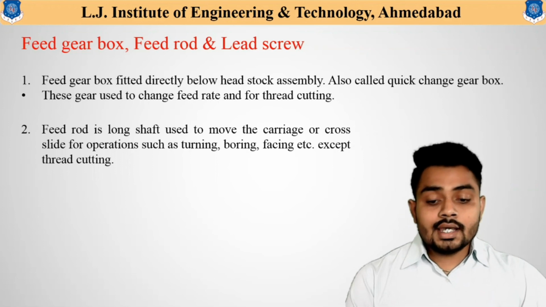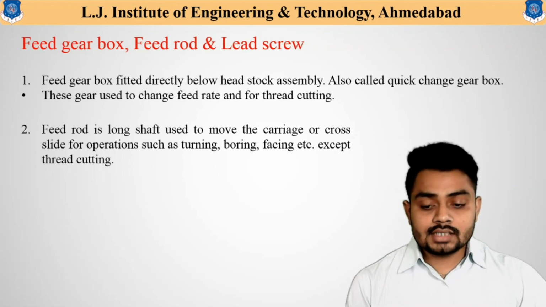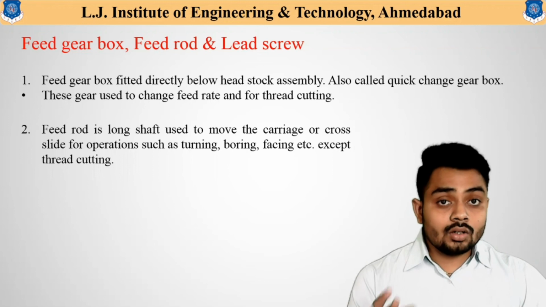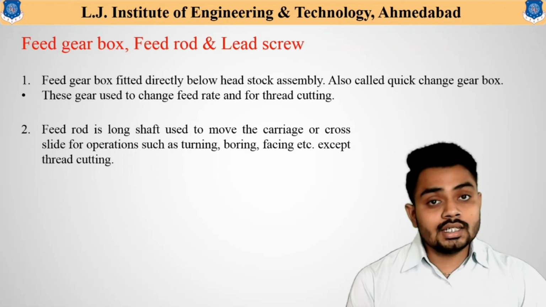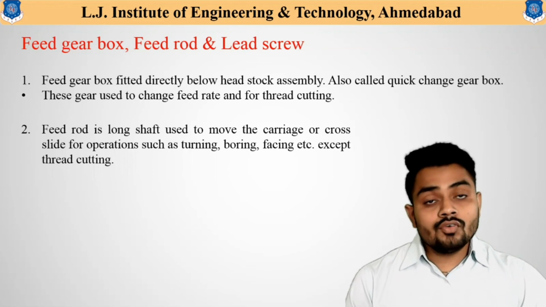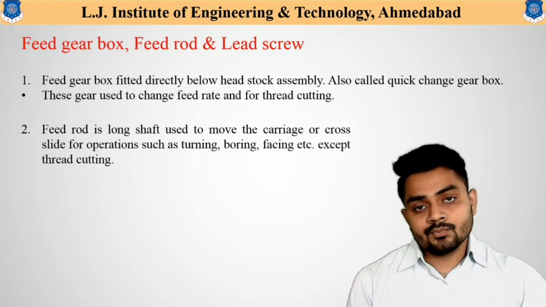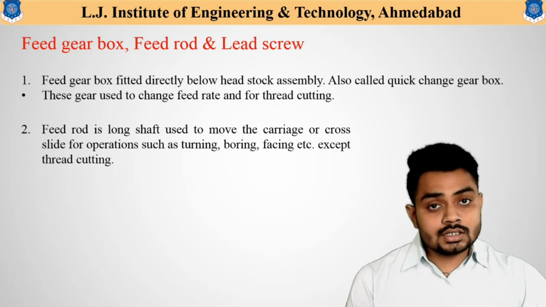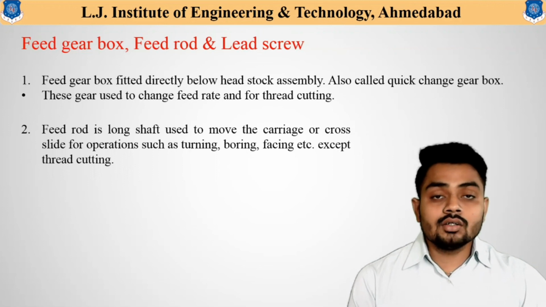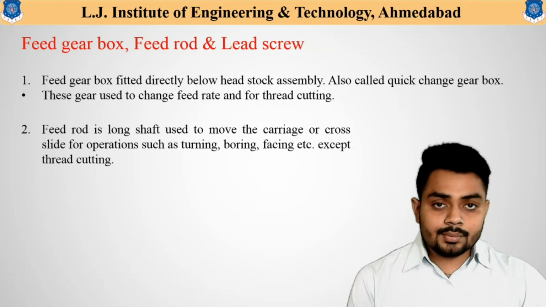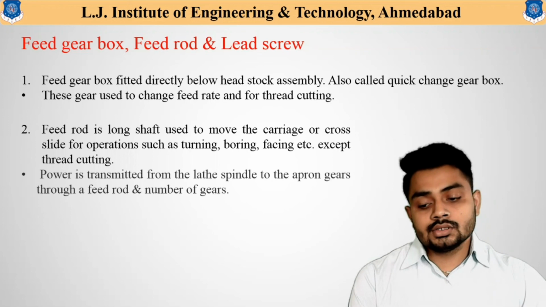So here, as you can read from this section, this feed rod is a long shaft which is used to move the carriage or cross slide for operations such as turning, boring, facing, etc. But this feed rod is not helpful for thread cutting operation. For thread cutting operation, the lead screw is used.